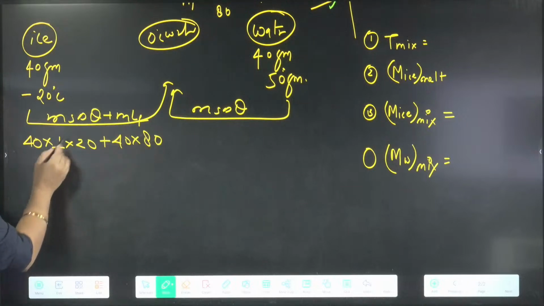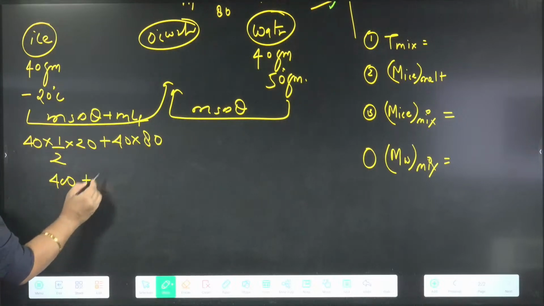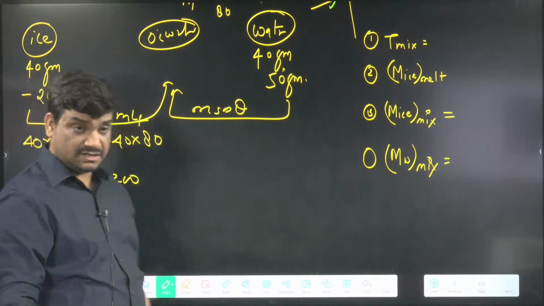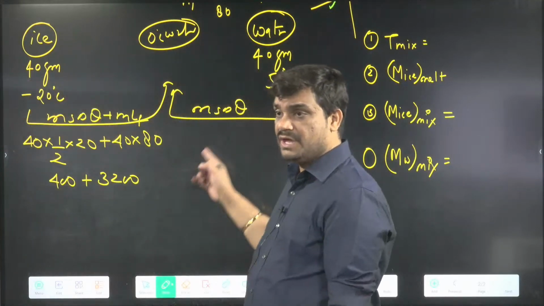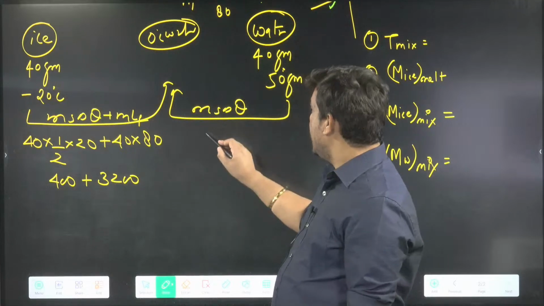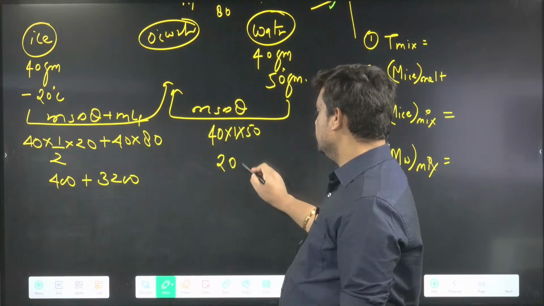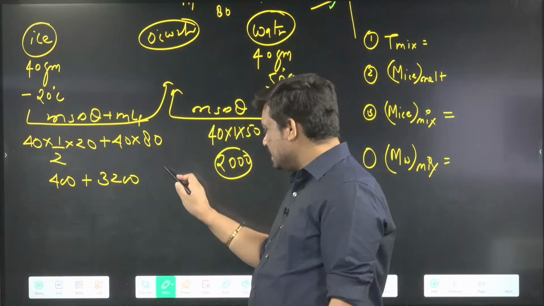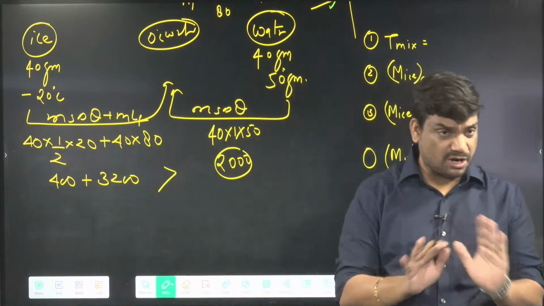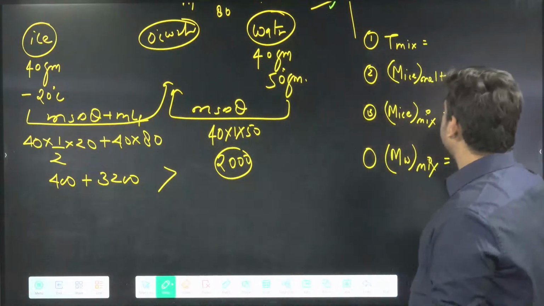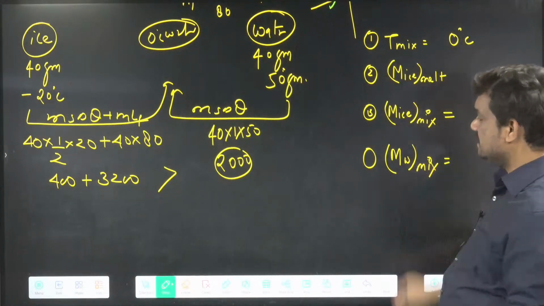This becomes 400 plus 3200, so 3600 this side. And on this side 40 into 1 into 50, that becomes 2000. You know 100% this side energy is more, means total ice will not melt. And when total ice is not melting, ice and water both will be there, so temperature is 0 degrees Celsius.